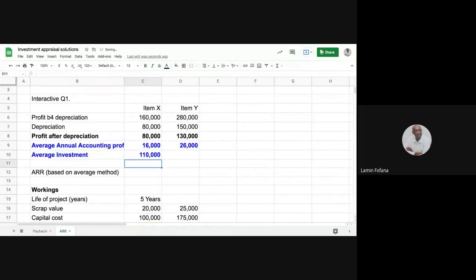Enter. Okay, is that correct? Is this correct?